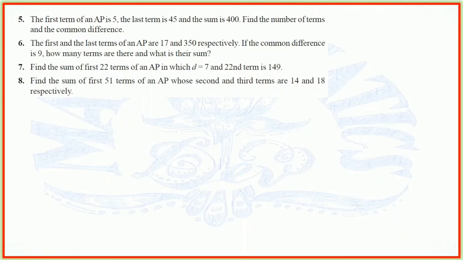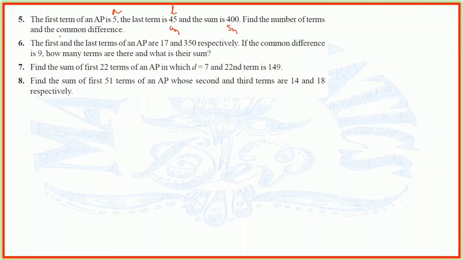The first term of an AP is 5, so that is A. The last term is 45, that is An, or you can also denote it by L. And the sum is 400, so that is Sn. Look here, the first term is given, the last term is given, and the sum is also given.